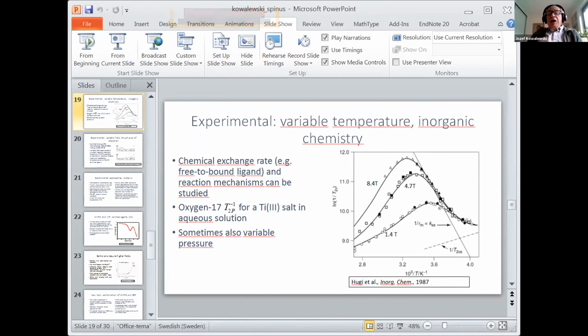So the same approach can be used for quadrupolar spins. The difference is that, as I said, you have to separate the paramagnetic relaxation and the quadrupolar relaxation, which may be non-trivial. Okay, so thank you very much indeed.